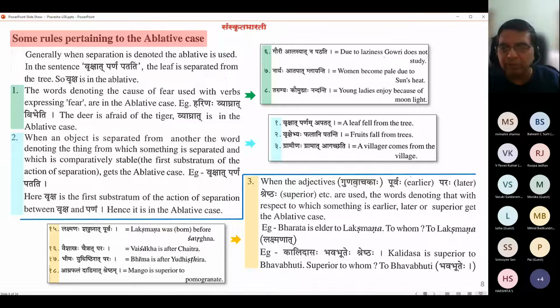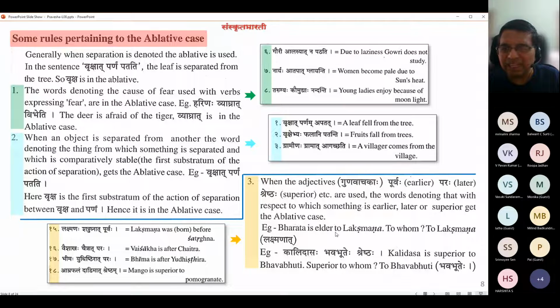When adjectives gunavachakaha, purvaha, paraha, shreshtaha are used, the words denoting that with respect to which, that is the reference basically, that with respect to which something else is earlier, later, superior, get the ablative case. So that reference becomes the ablative. Bharata is elder to Lakshmana.